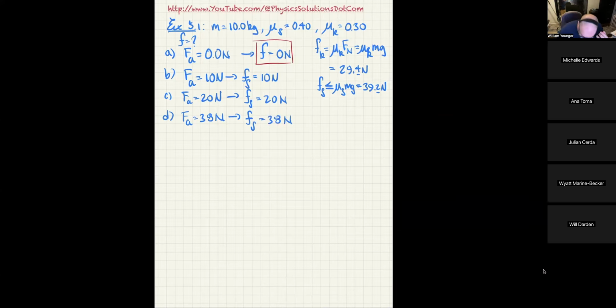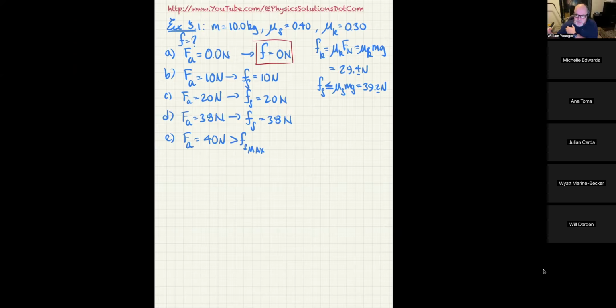Now we jump to E. And for part E, the applied force is actually going to be 40 newtons. So notice at 40 newtons, that force is greater than the static force max. Because the static force max has got to be basically 39 newtons, period.